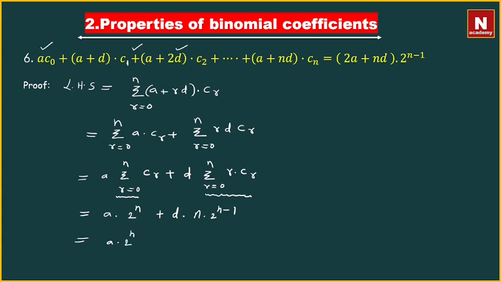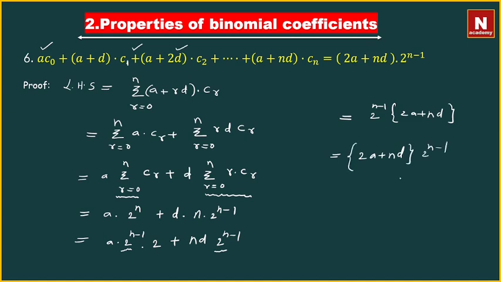So 2 power n minus 1 into 2, plus nd into 2 power n minus 1. Now here 2 power n minus 1 we can take common. So 2 power n minus 1 into 2a plus nd. So finally 2a plus nd into 2 power n minus 1. This is property number 6.